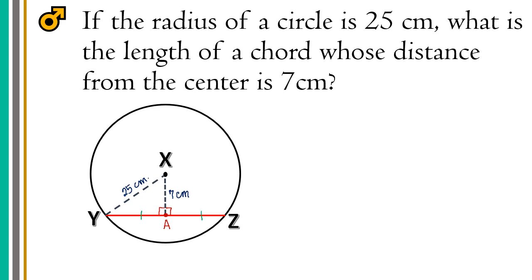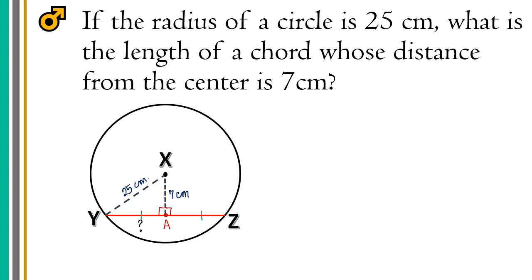And now, since it's perpendicular, of course, we are expecting that it would bisect the chord into two equal segments. And now, to solve this problem, let us have this process first. As you can see, we do have the triangle YXA. We do have the given data for the two sides of the given triangle, which is 25 and 7. And actually, let us find out first the measure of this side.